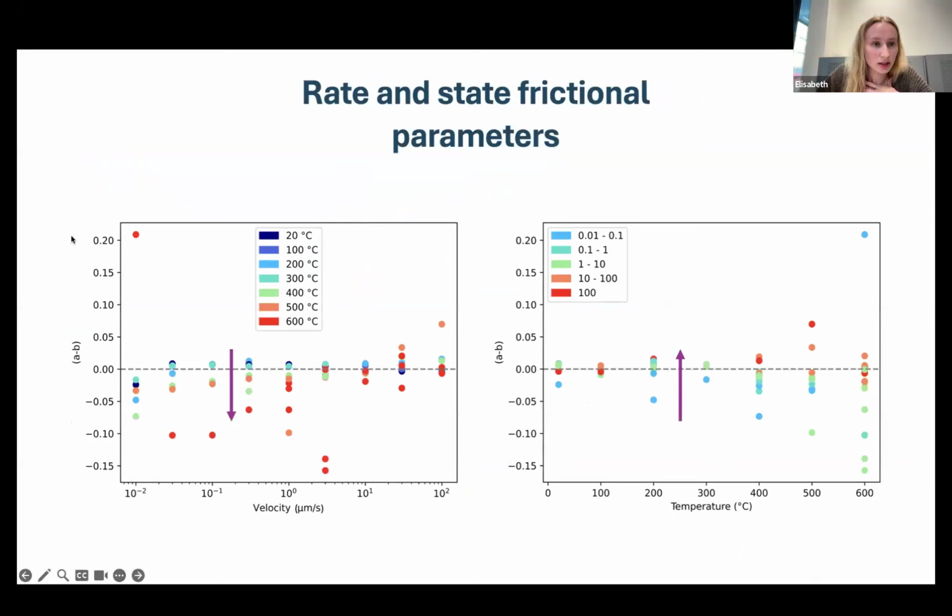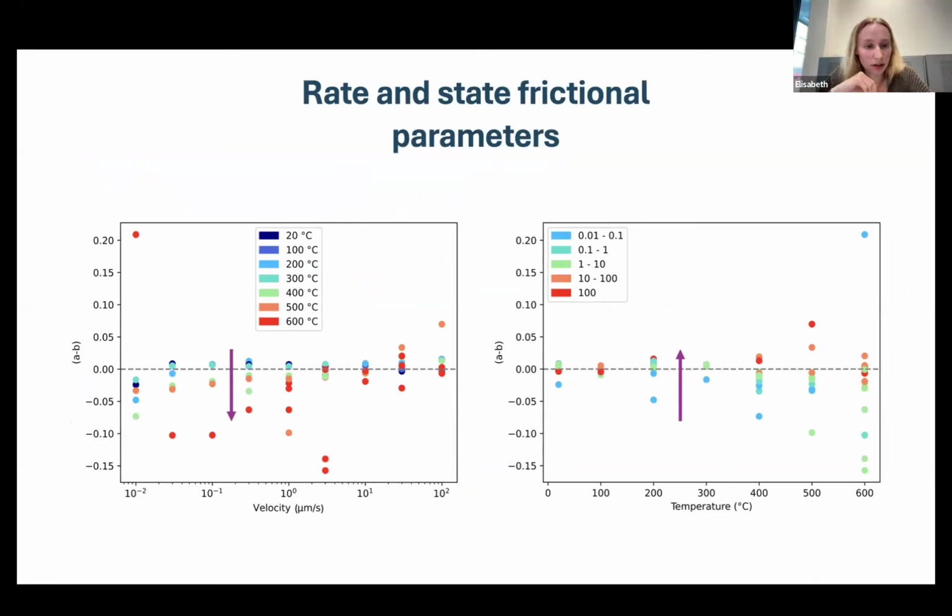So these are my results at the moment, the A minus B values. As you might see, it's not a very simple correlation that we can make. So there are a lot of processes going on, must be going on.